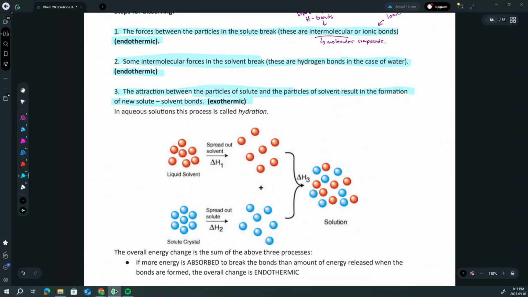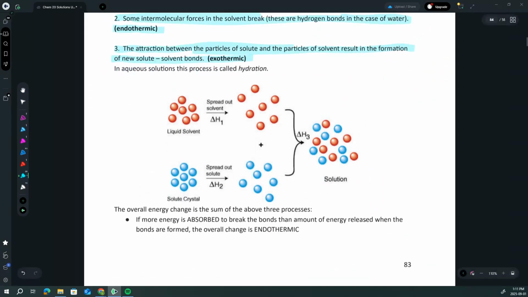The overall energy change of those two endothermic processes with that last exothermic process is going to determine whether you have overall an exothermic process or an endothermic process.